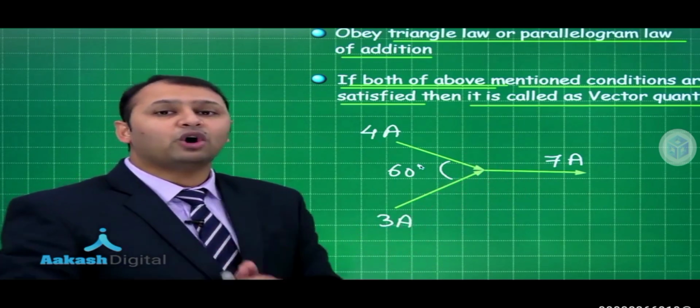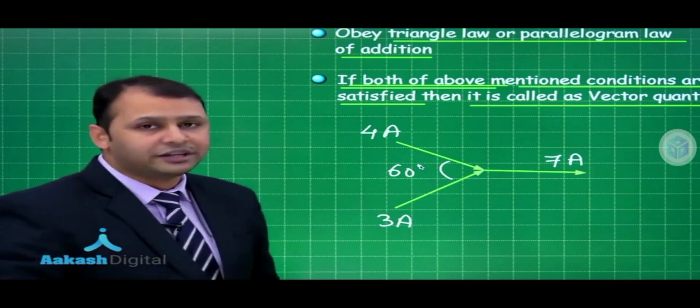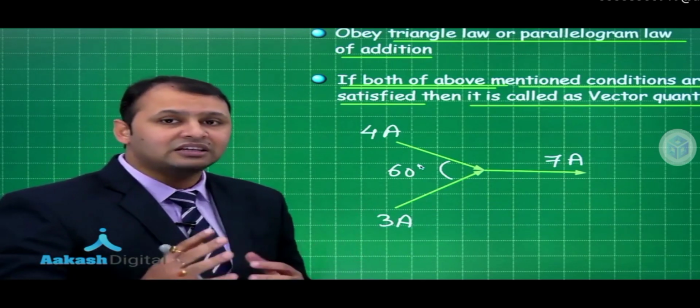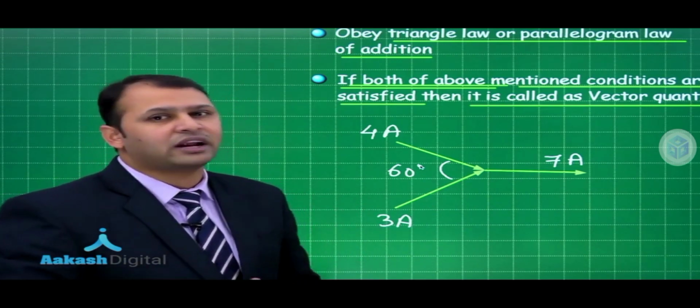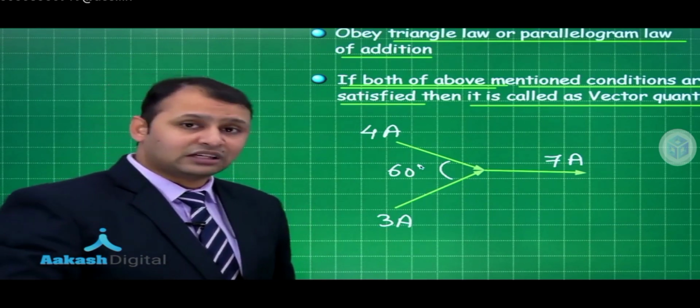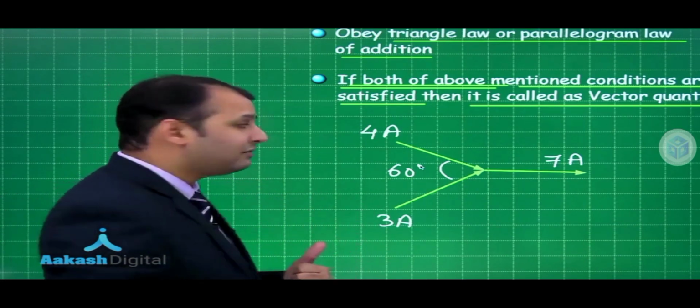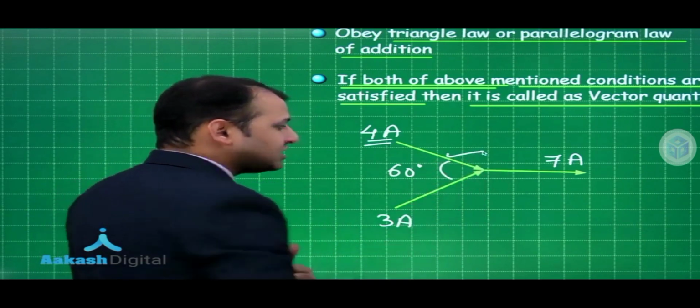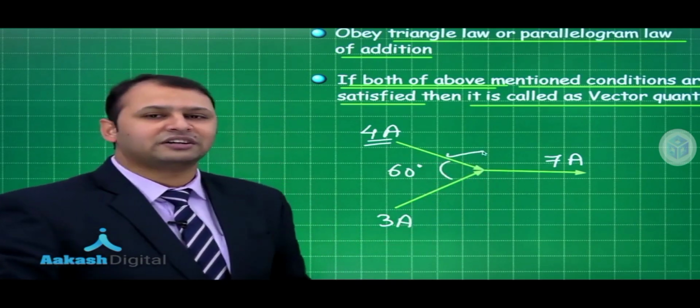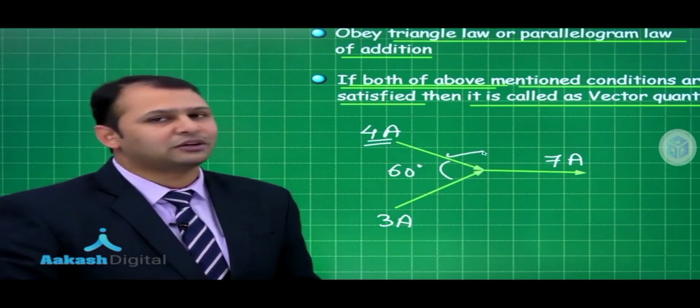Result will always be 4 plus 3. That means there is no application of triangle law. Yes, friends. And that's why current, in spite of having a magnitude, a direction, it is not counted as a vector quantity. It is a scalar quantity.